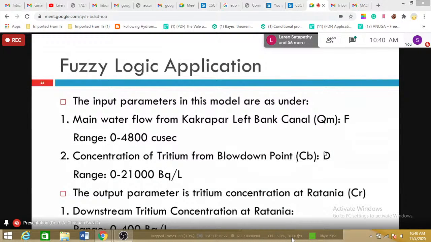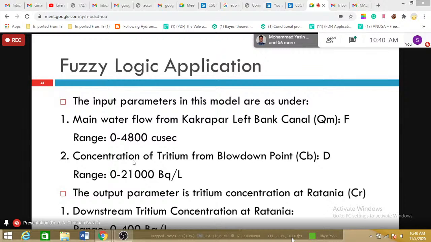So what we had on hand was the main flow in the left bank canal. The flow was defined with fuzzy set F, and the range of the flow which we had was 0 to 4800 cusecs. That was irrigation data available with us.